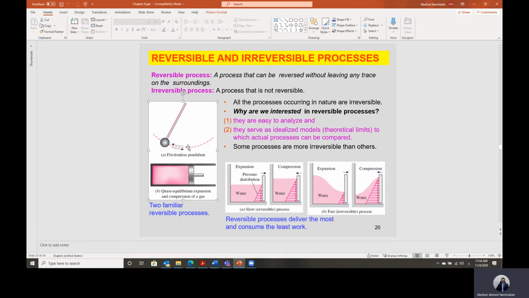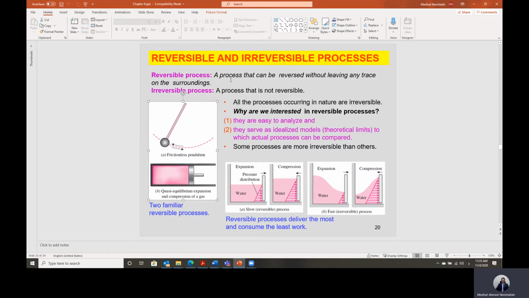Like what? Like the frictionless pendulum. If we have a frictionless pendulum, it will go in this direction. We don't have friction, then it will go back in the reverse direction based on the effect of its weight, and then it will go forward and backward without stopping, because the process does not have any kind of friction.